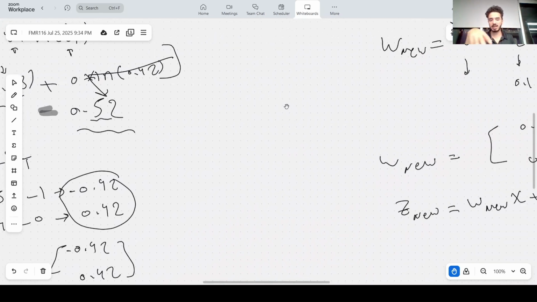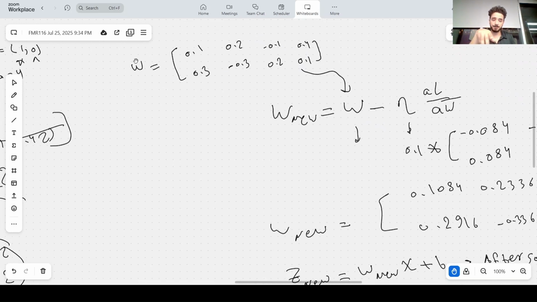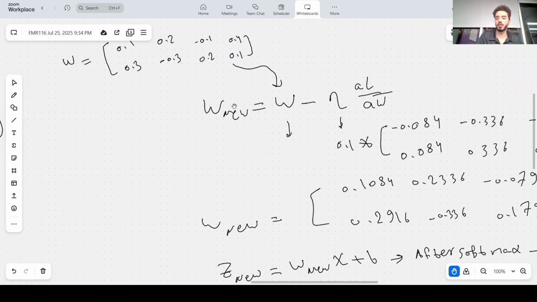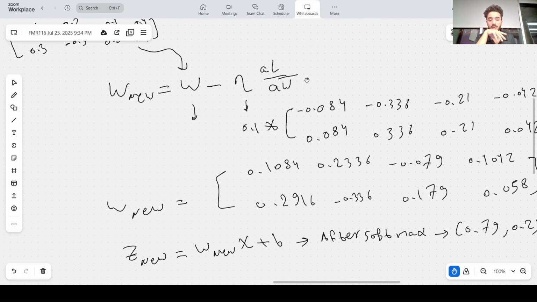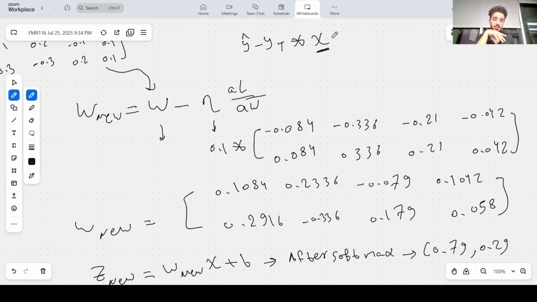I did the calculation in order not to make the video very long. We have the original weights, and to update the weights we do the following. The new weight equals the previous weight minus the learning rate times dL by dW. So how can we actually get dL by dW? As I said, it will be simply the y hat vector minus y true times x, which is our input from the previous video.